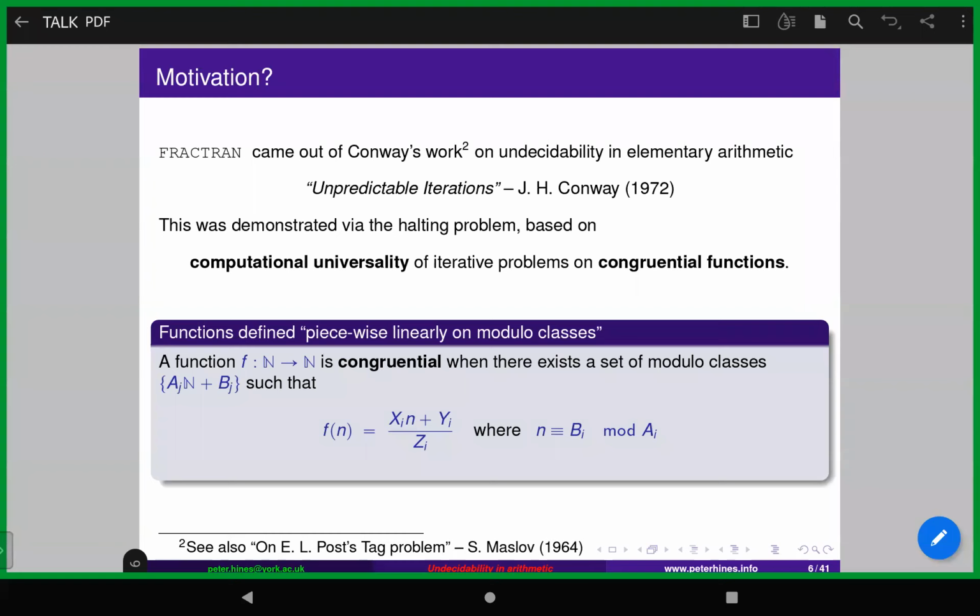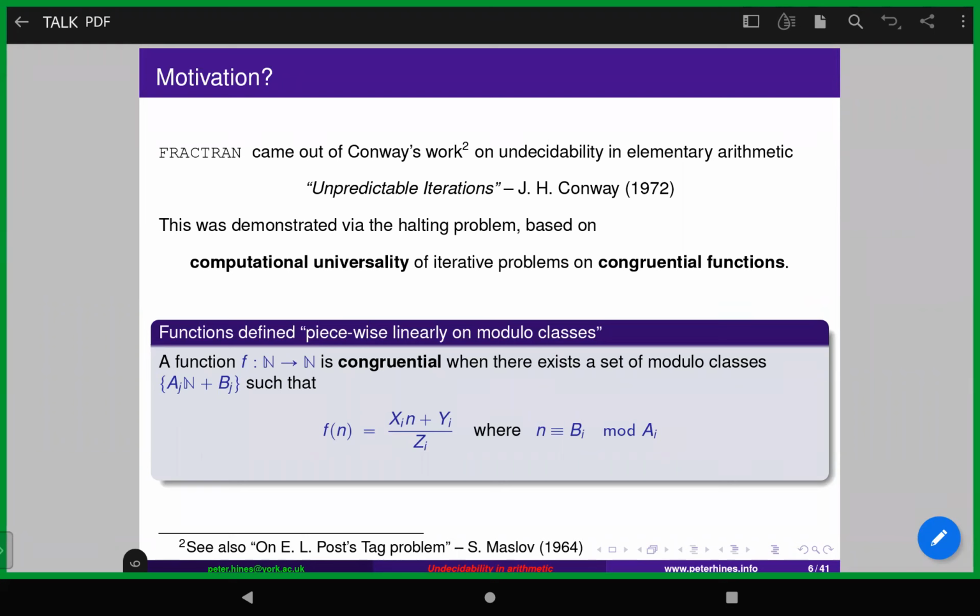So congruential functions are key to this, and they're simply functions that are defined in a piecewise linear manner on modulo classes. So we take the natural numbers, we split them up into a series of modulo classes, and on each distinct modulo class, we apply a distinct linear map. It takes natural numbers to natural numbers. These don't have to be complicated things.